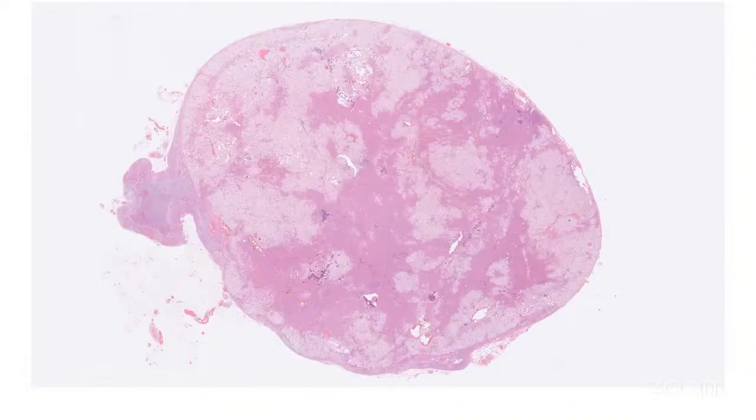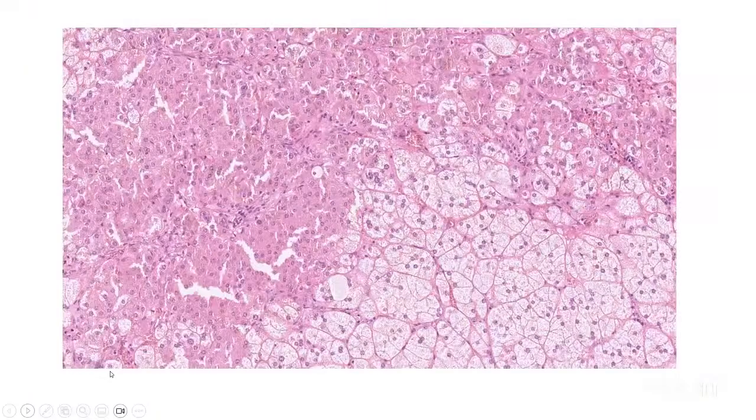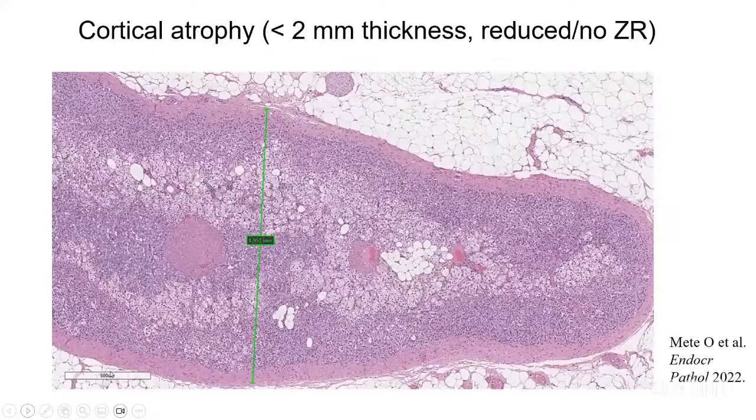So there's no way you can really tell them apart by just looking at them on H&E. Again, high power magnification. You can see the brisk contrast between the lipid-rich cells and the eosinophilic cells in various proportions. But again, very little or no atypia, no mitotic activity, or very little mitotic activity.